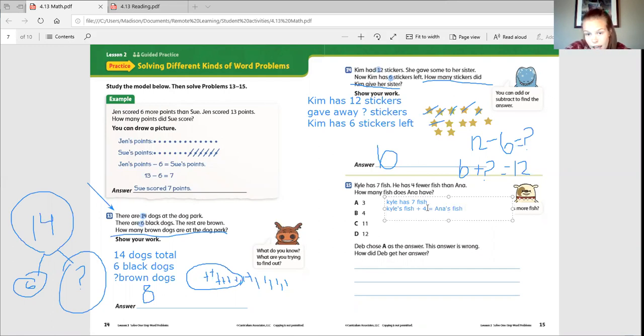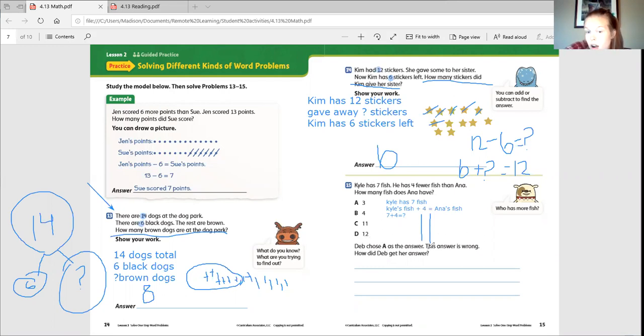And we know that Kyle has 7 fish, so it's going to be 7 plus 4 equals Anna's fish. 7 plus 4. You can solve this many different ways using dots, using our number line, using hundreds chart, using your fingers, and you're going to get the answer of 11.